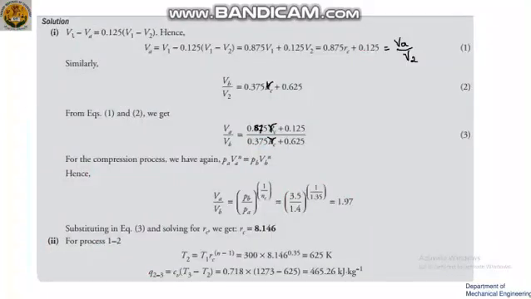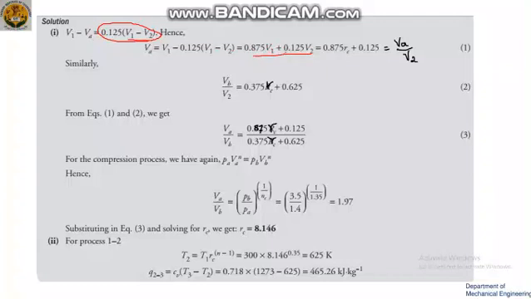So from the equation V1 minus VA is equal to 0.125 Vs, which is V1 minus V2, just keep VA on the other side and take all the things to the left hand side, and you will arrive at 0.875 V1 plus 0.125 V2.